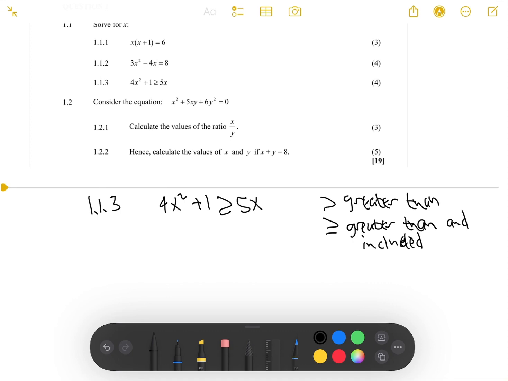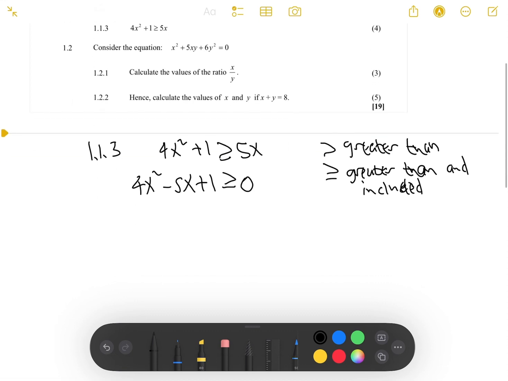So here we basically started by transposing. We have 4x squared minus 5x plus 1 all being greater than or equal to 0, when you transpose it to the other side. From that, we factorize.